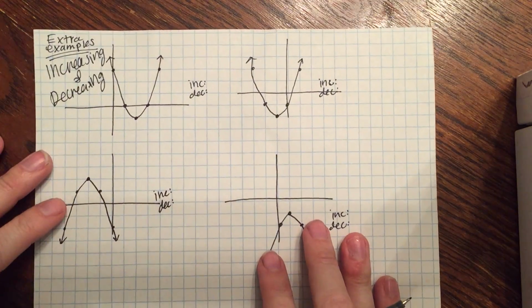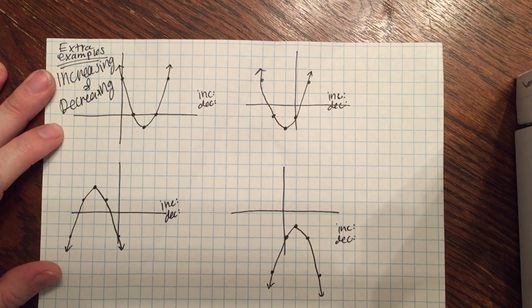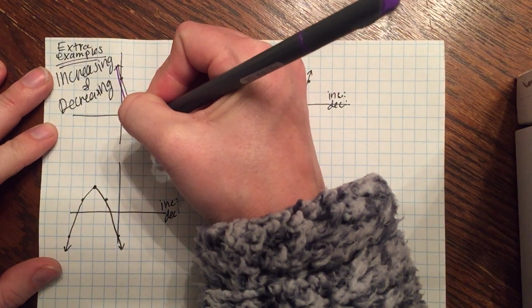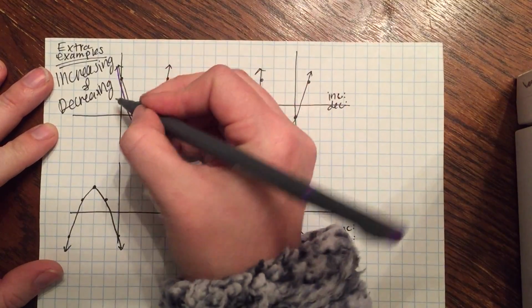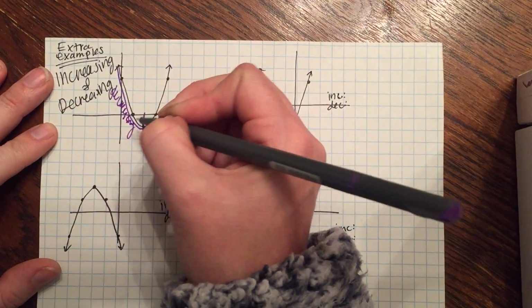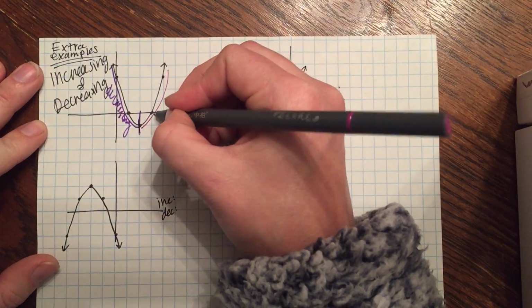I'm going to do a few more examples that are not on the notes in case you were struggling. So, extra examples for increasing and decreasing. As I start on the left, that section is decreasing. This section is increasing.